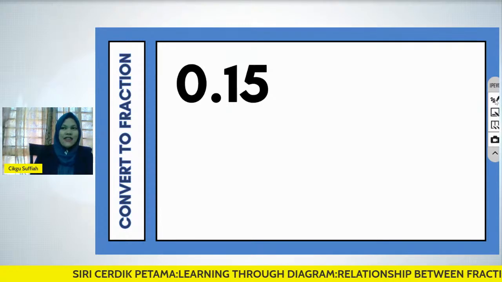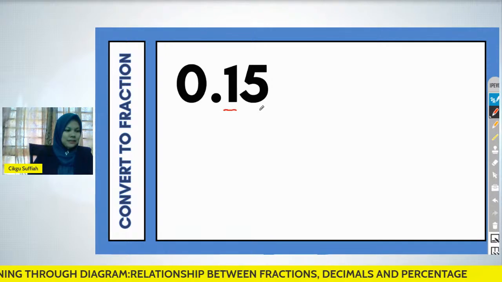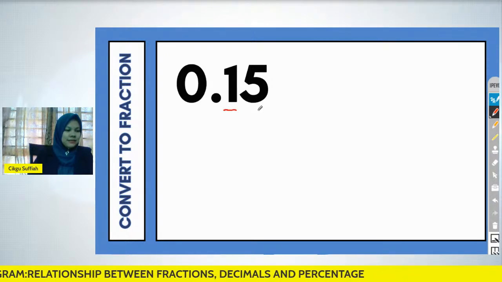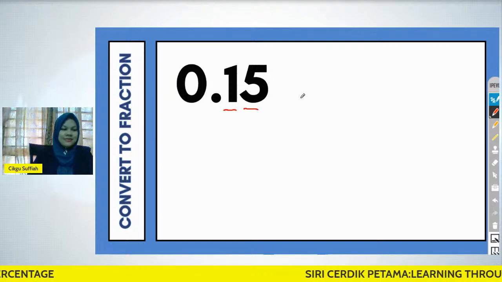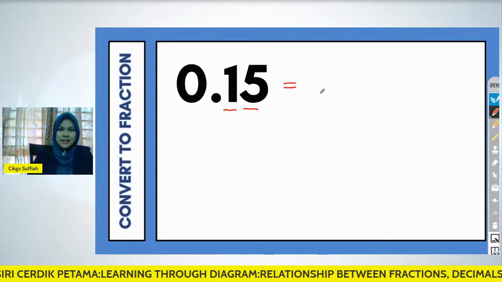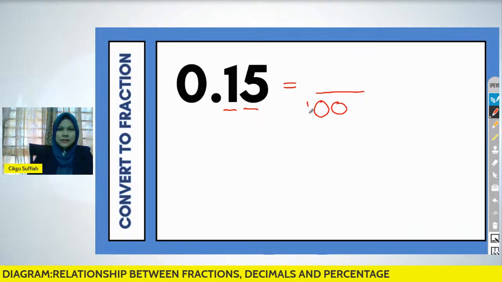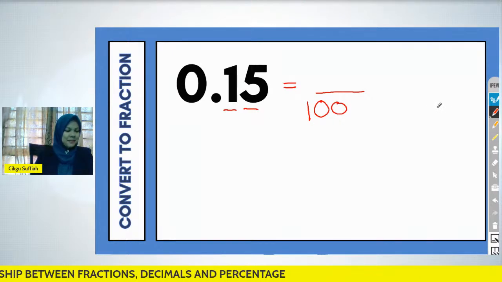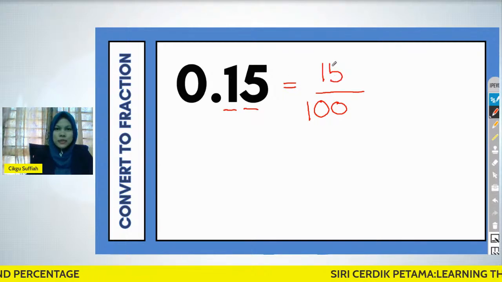How many digits after the decimal point? 1, 2. So 2, right? Put over 100. So 15, copy back on top as the numerator.